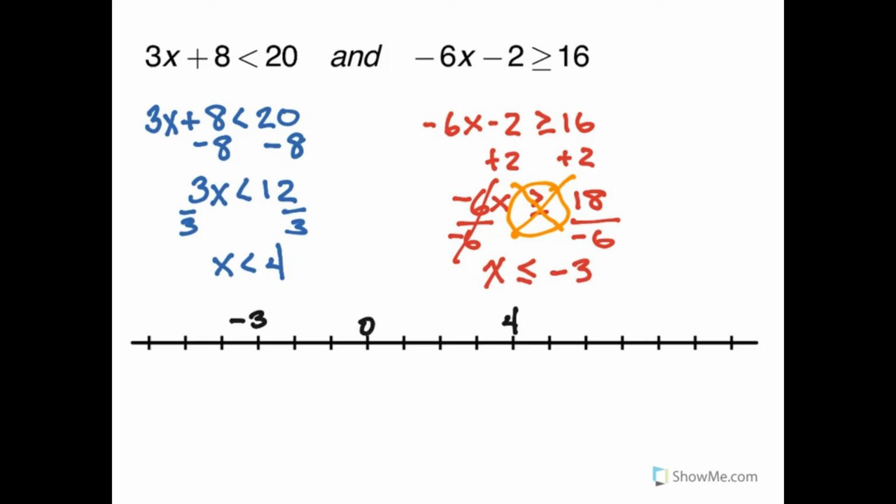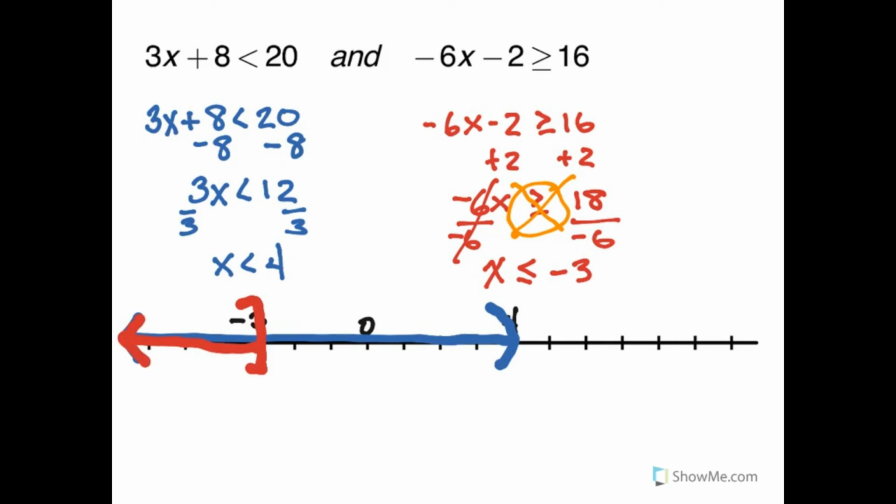On the number line, to shade x is less than 4, 4 is not included, but all numbers less than 4 are included. To shade x is less than or equal to negative 3, all the numbers including negative 3 and less than negative 3 are included.